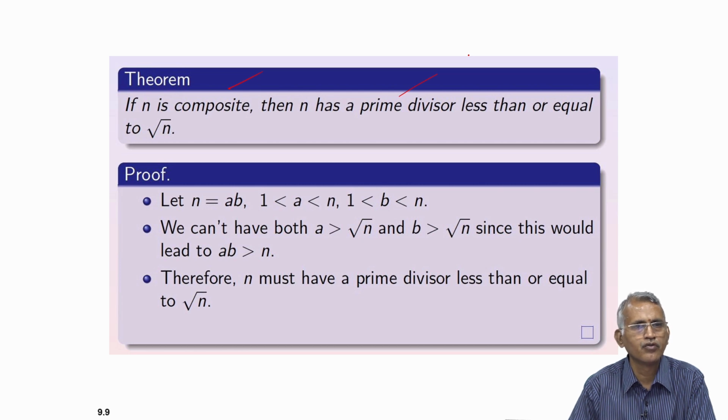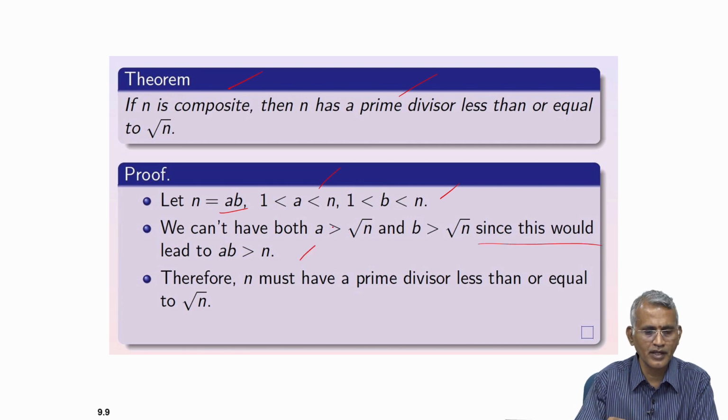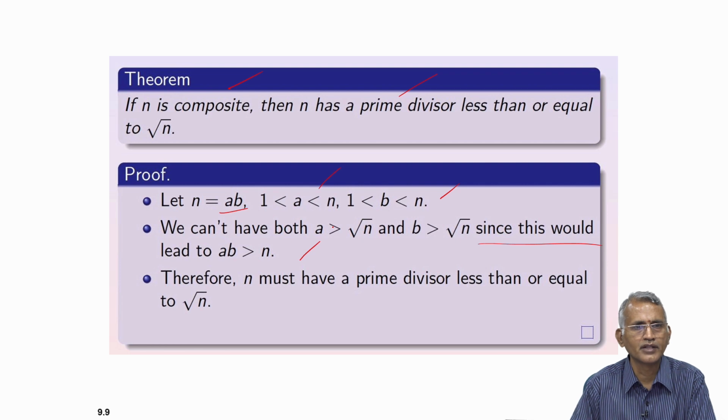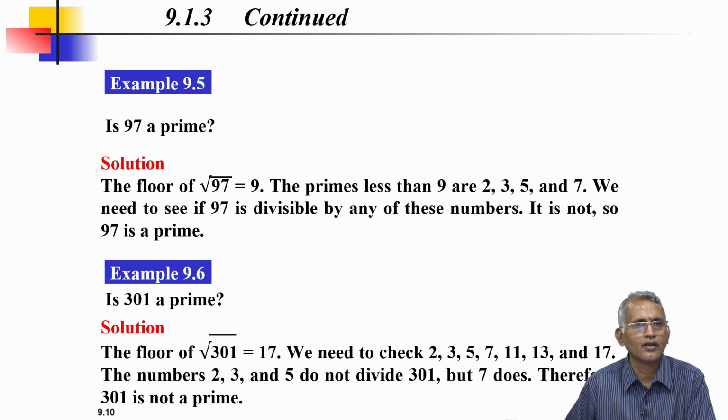The proof: if n is composite, it is a product of two numbers, n equals ab, where a lies between 1 and n and b lies between 1 and n. We cannot have both a greater than root n and b greater than root n, since this would lead to ab greater than n. Therefore, n must have a prime divisor less than or equal to root n.